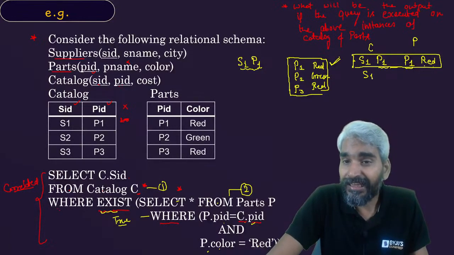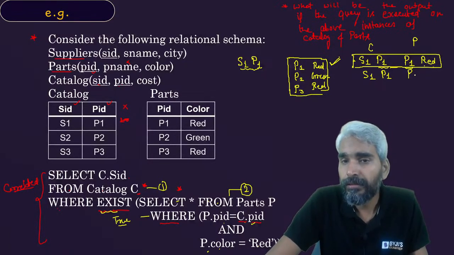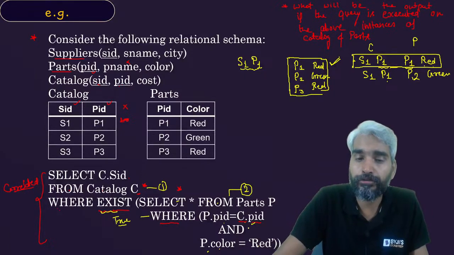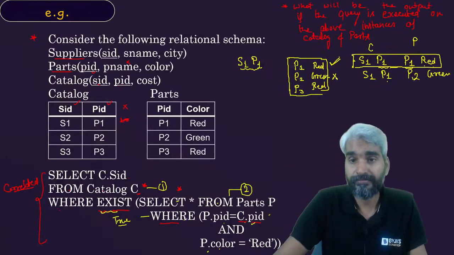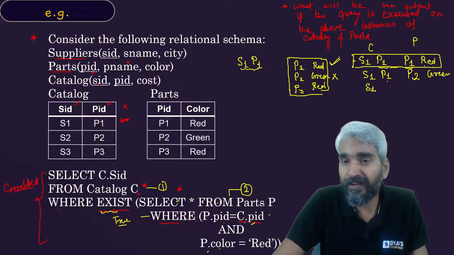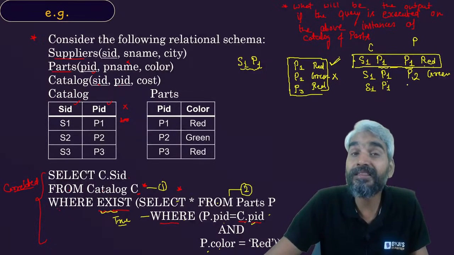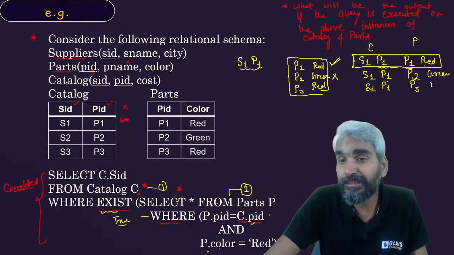Now what will happen? Then you will check this S1 P1 with the second tuple of the part, that is P2 and green. We check whether P dot PID equals C dot PID or not. It is not, so it is false. Therefore, this where condition will be false, and this second tuple of the part table will not be selected. Then you will compare the first tuple from catalog with the third tuple of the part, that is P3 red.